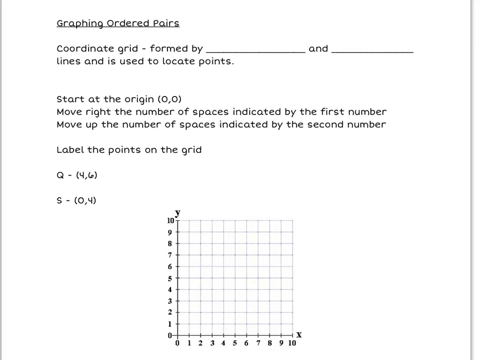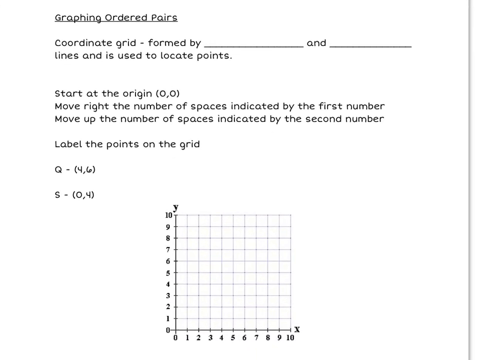The next thing you're going to have to do is make a graph of your own. Again, we're going to live mainly in the positive world, so if you look at the grid on your paper, it's positive world.